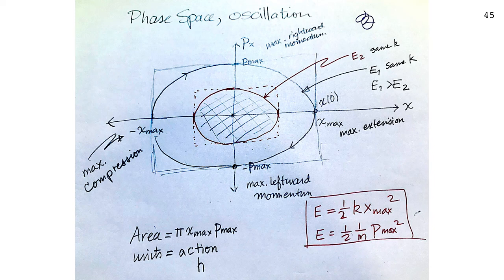Now what we're going to do here is make a sketch of phase space. As I mentioned, I'll go ahead and draw some horizontal and vertical axes.